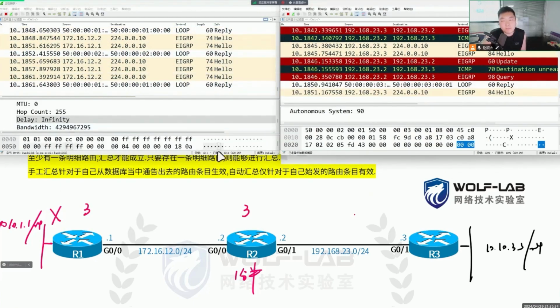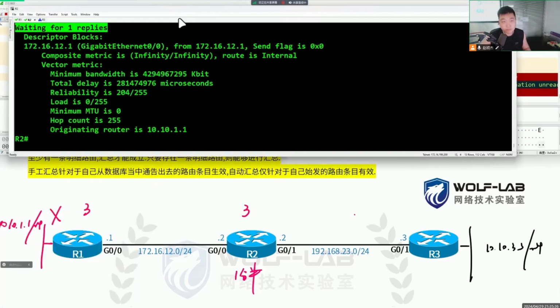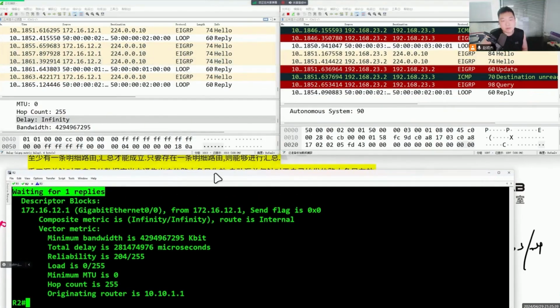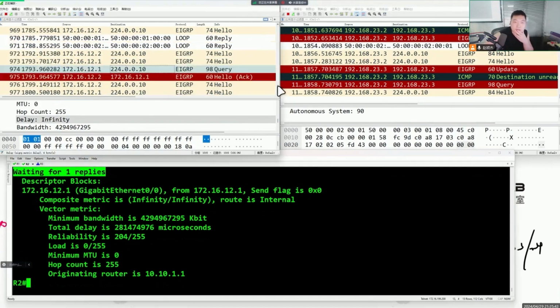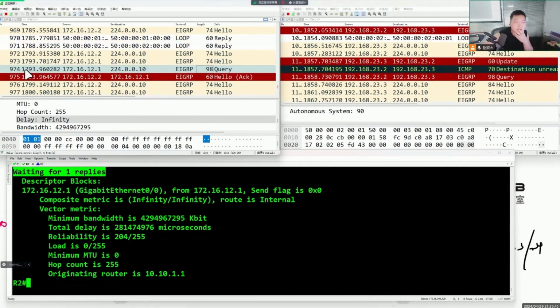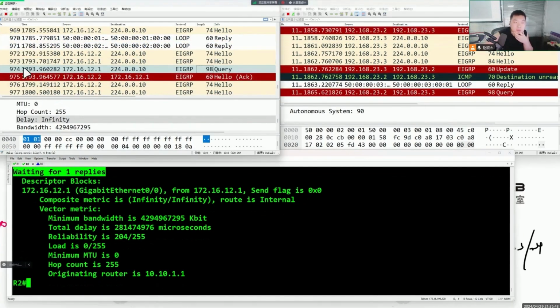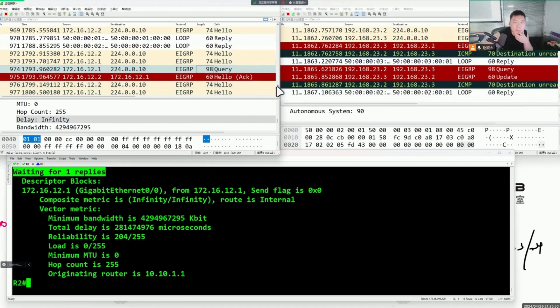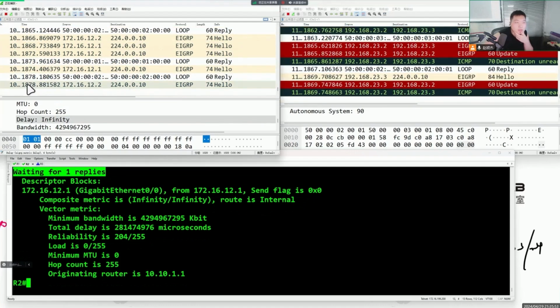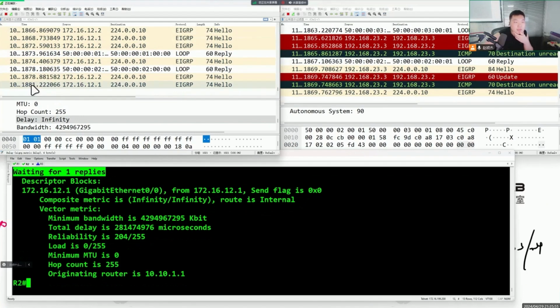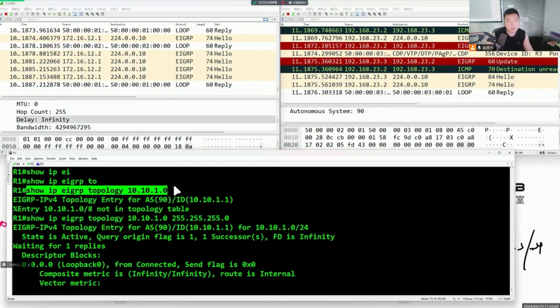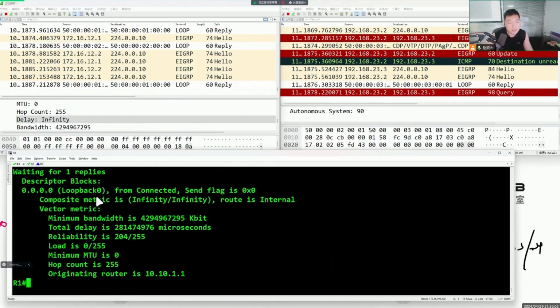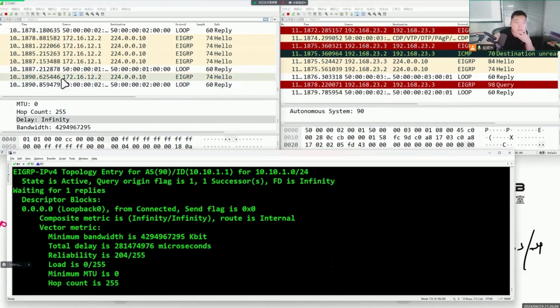Then you will find what appears here: stuck in an SIA query state. Pay attention to the packet here. We wait for the SIA query, 1.5 minutes. When did it start to disconnect? From 1793 plus 90 seconds, that is around 1880. There are about 10 seconds left. Did we miss it? Not yet. Still waiting for reply. It's 1890 now.